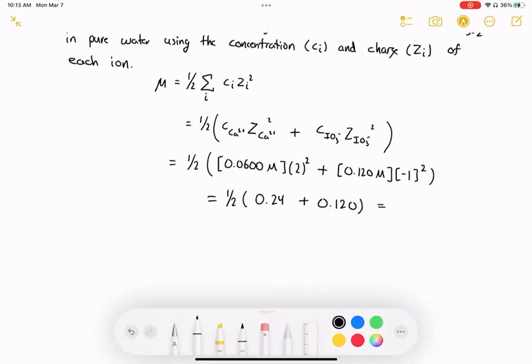So we get plus 0.120 times 0.5. So we have an ionic strength of 0.18 molar. Okay, so that's our ionic strength right there.